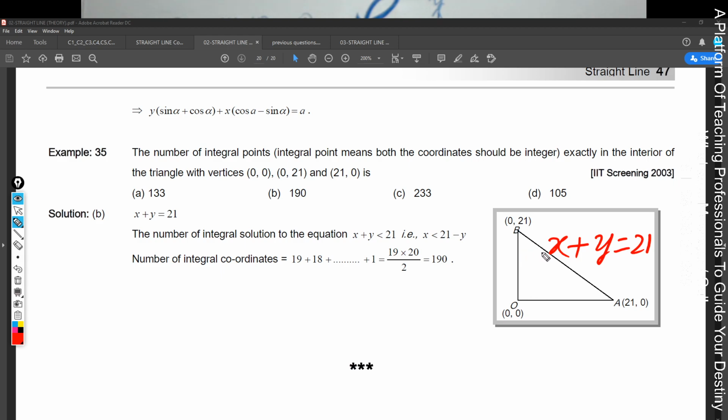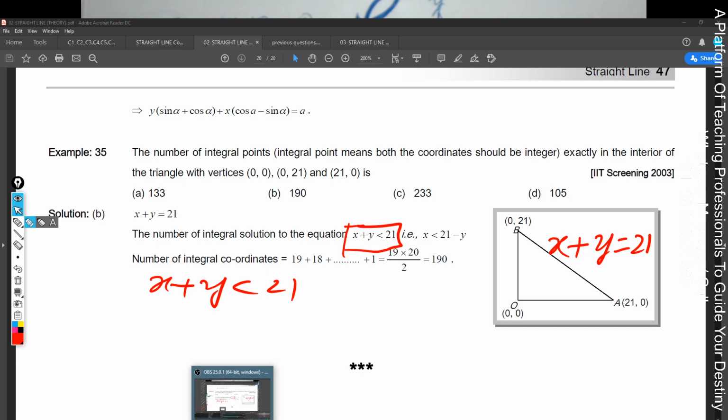But if the point lies inside, on this side, x equal to 0, y equal to 0, your point must lie inside, and hence x plus y must be less than 21. Then obviously x is less than 21 minus y, or y is less than 21 minus x, whatever. First of all, do you understand x plus y less than 21 or not? Yes, because the point must lie inside.